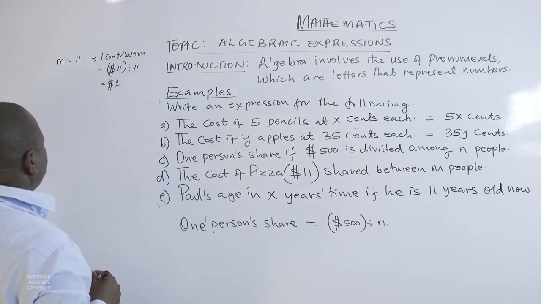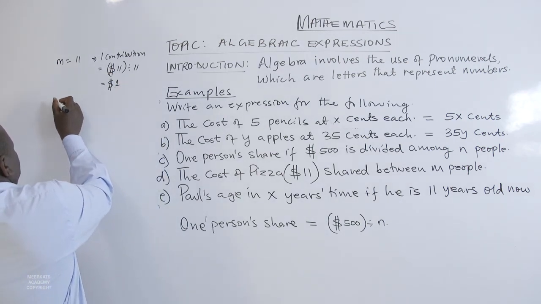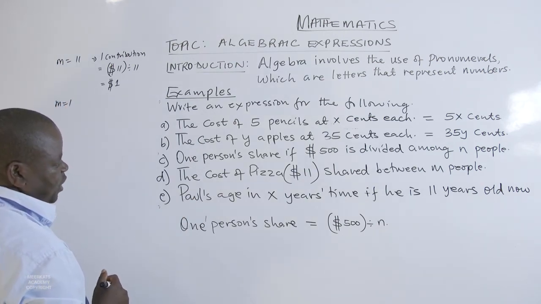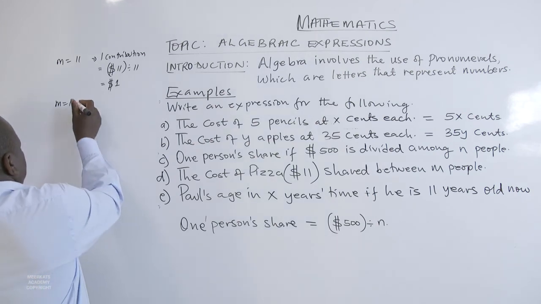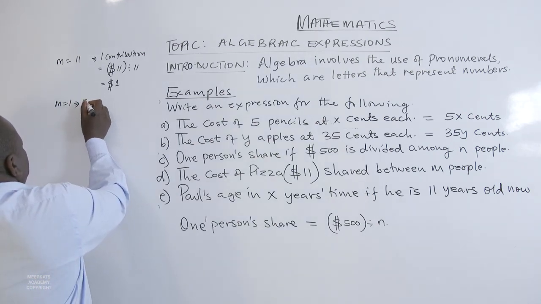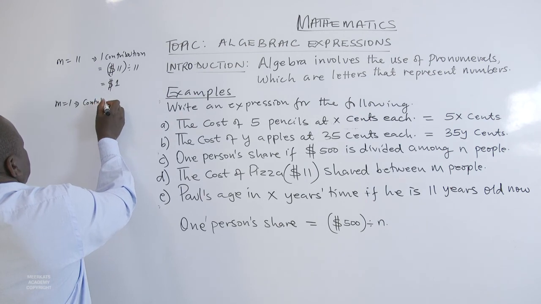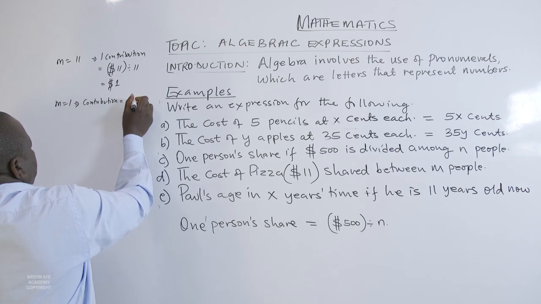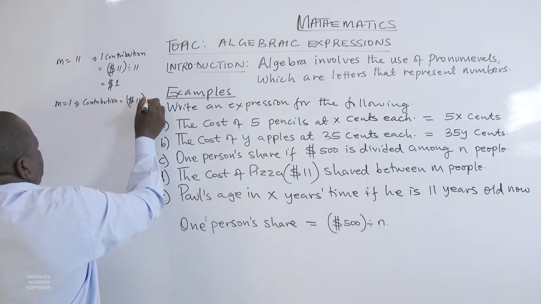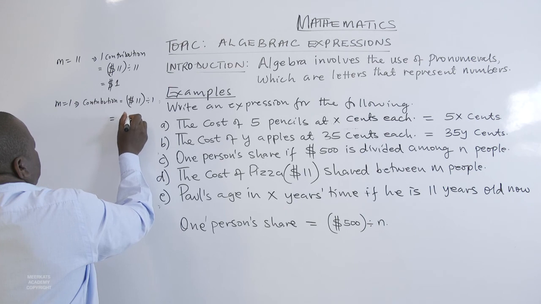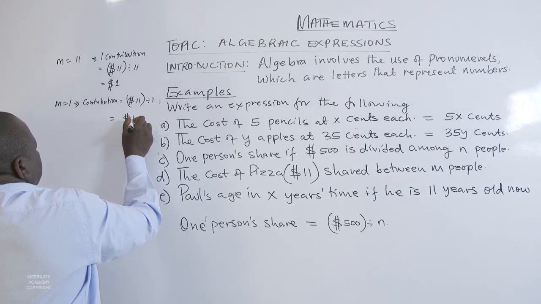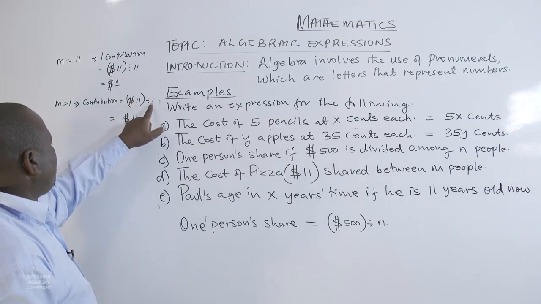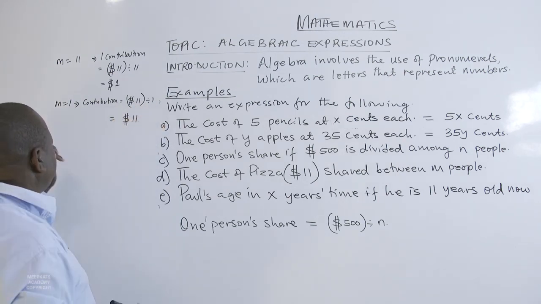Suppose m is equal to just one person. One person wants to buy the whole of that pizza. It will now be contribution equals $11 divided by 1, and that gives you $11, because the highest common factor between 1 and 11 is 1. So 11 divided by 1 is 11.